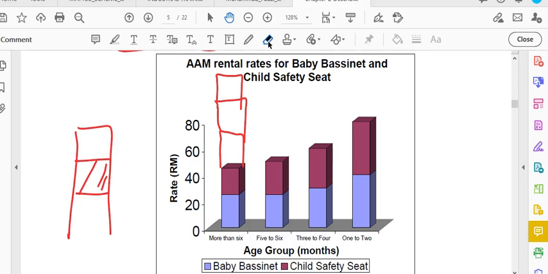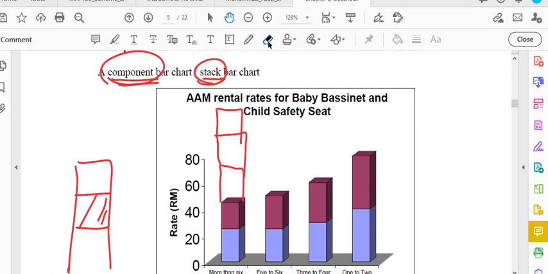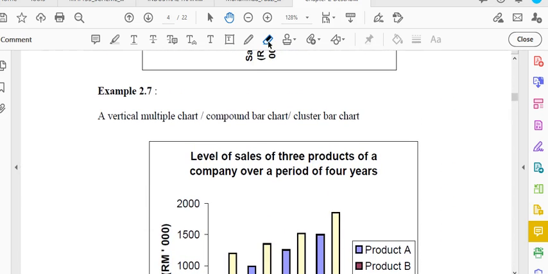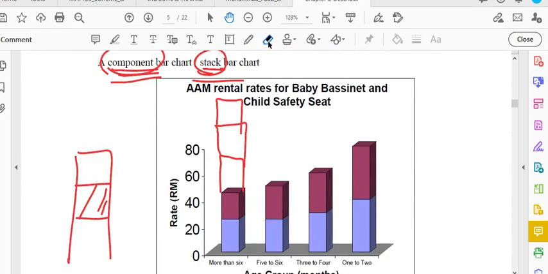So this is called a stack bar chart. I hope you will not confuse them. Again, component means stack, compound means cluster.